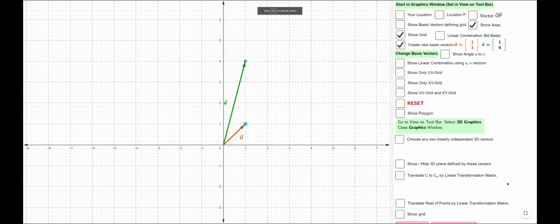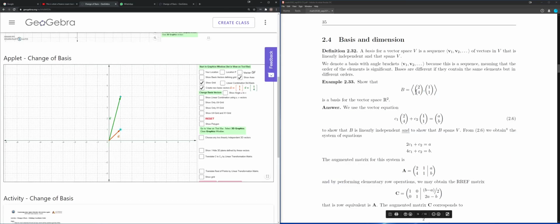Okay, so I showed formally that these vectors (2, 4) and (1, 1) span R2, and then I showed that they're linearly independent. Spanning R2 and being linearly independent means that they're a basis for R2, right? So these are the two vectors over here.